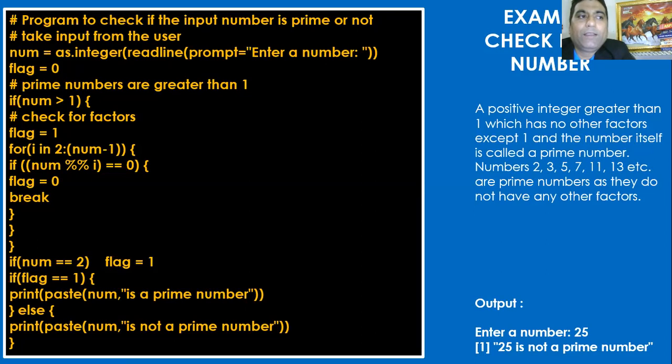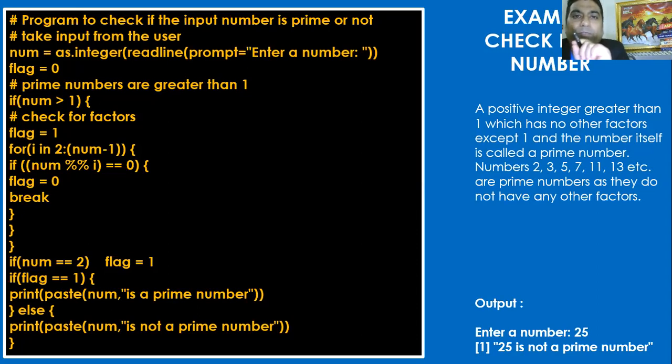The next line is taking the input from the user. I'm taking it as an integer, so num equals as integer, with prompt equal to enter a number. It will prompt to enter a number and convert it to an integer.